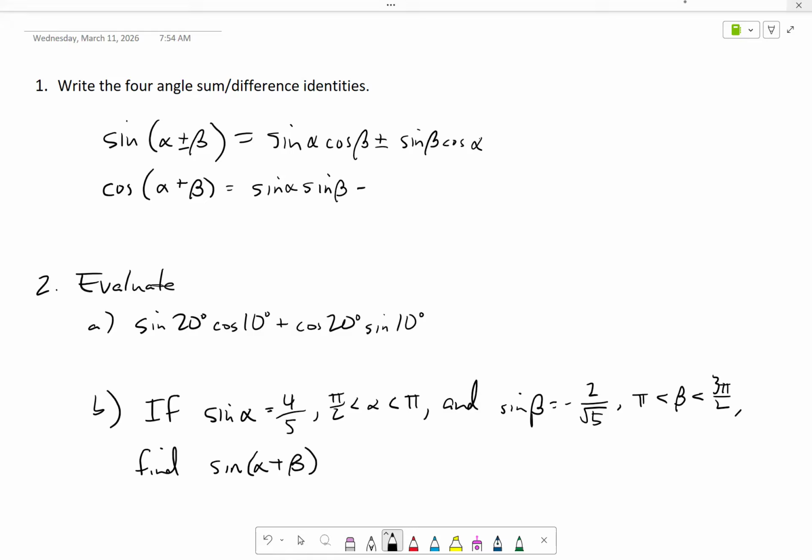Minus. Okay, so minus. Are we good? Yeah. Wait, this is not right. No, it's cosine minus. Oh, cosine comes first? Is this true? Are we sure? Cosine, yeah. You want to take a look? I think it's cosine. It starts with the cosines. Yeah, I think it starts with cosine.